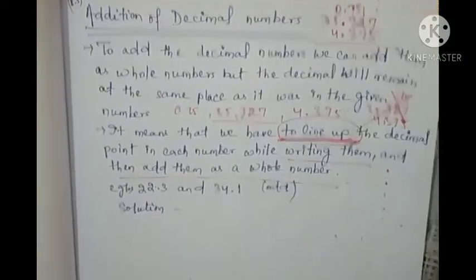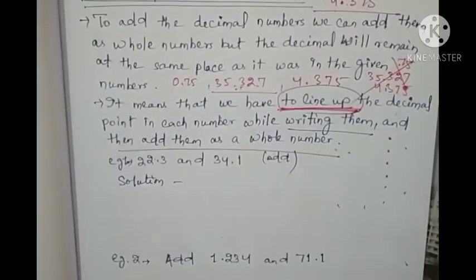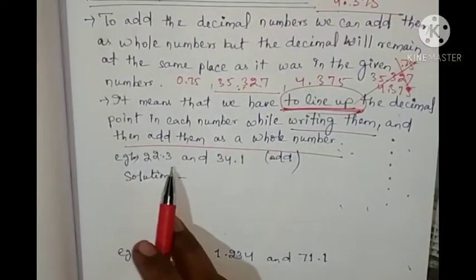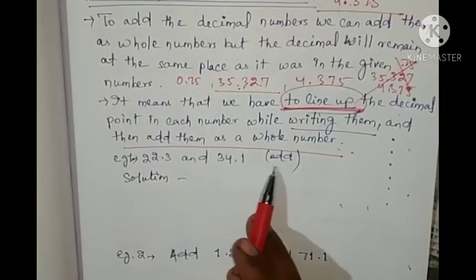Let's see some examples so that we can understand. Example 1: 22.3 and 34.1 added.